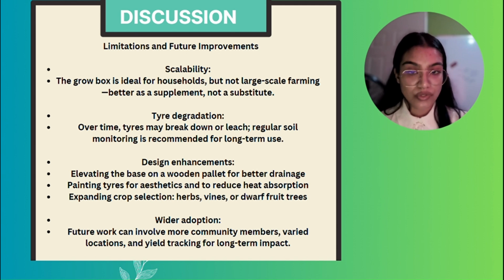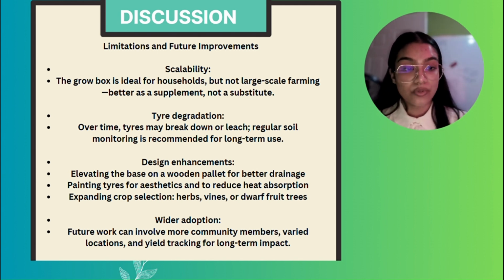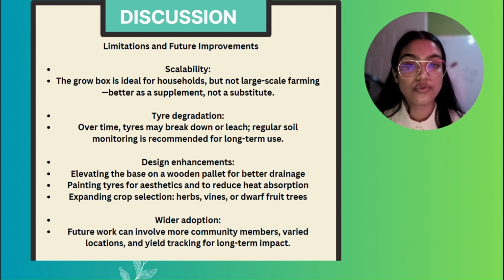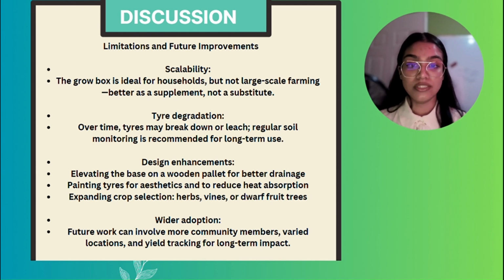We would also consider adding a slow release fertilizer or vermicompost bin to improve long-term soil nutrition. And also, we'd like to expand the crop selection to include vine plants or even dwarf fruit trees.